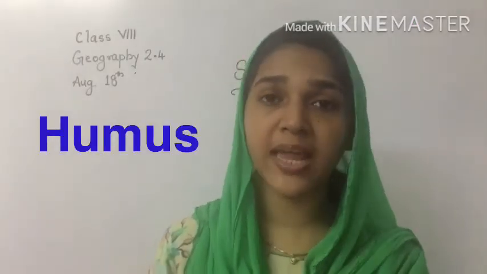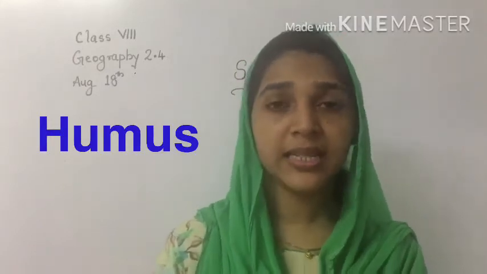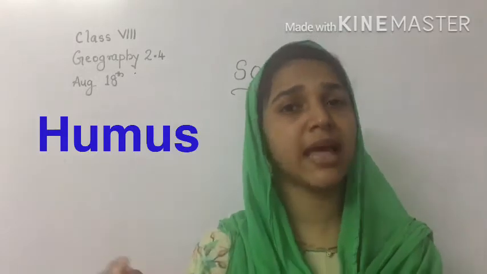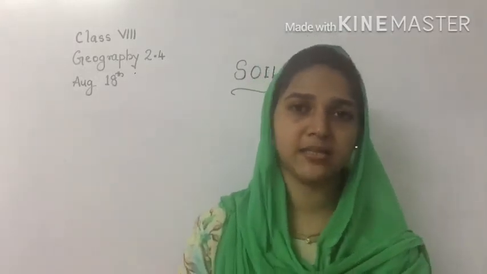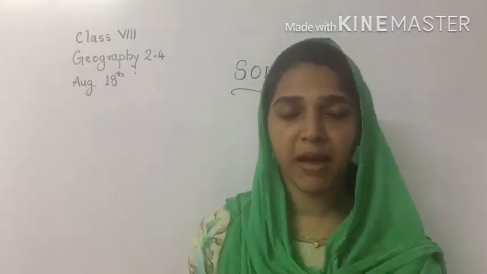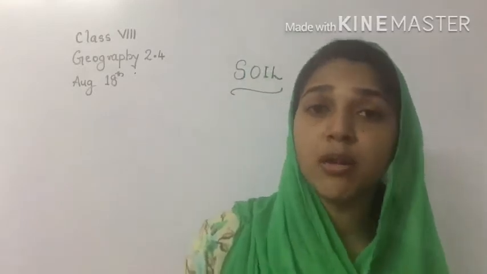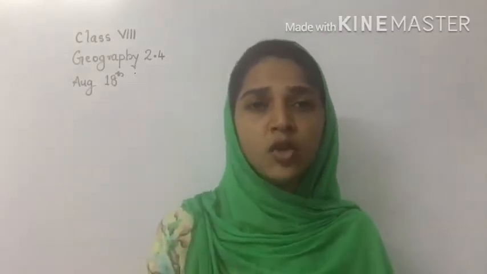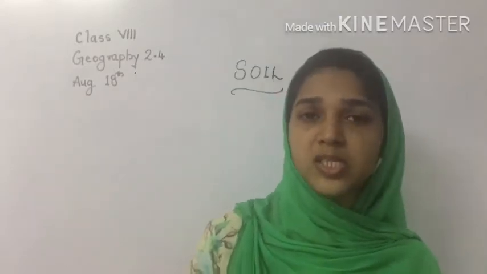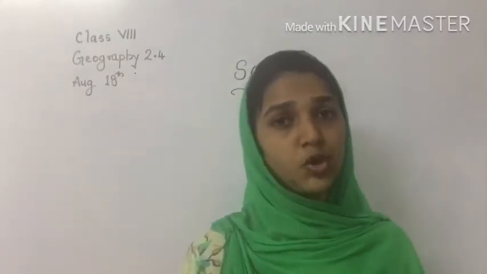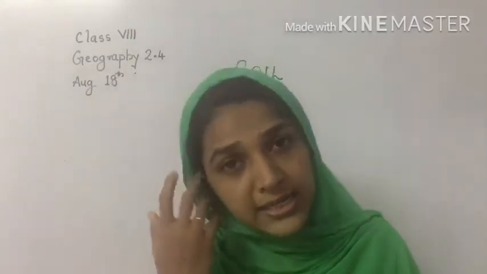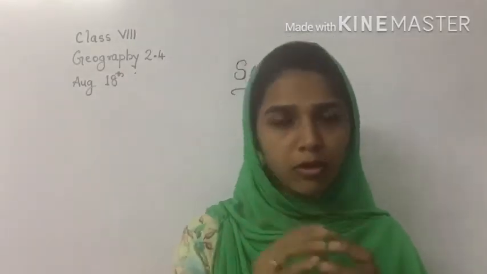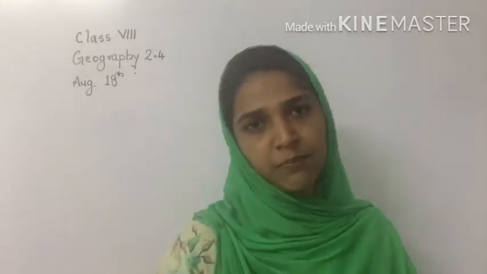Humus is the organic component of the soil that is formed by the decomposition of leaves and other parts of the plants by soil microorganisms. So the soil is a mixture of nutrients, humus, organisms, microorganisms and small pieces of rocks, etc.